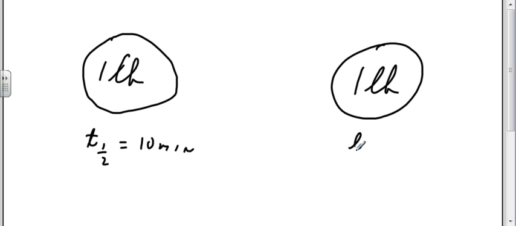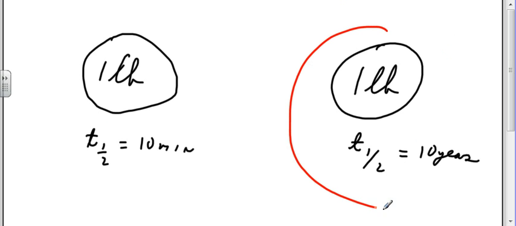And this guy has a half-life of 10 years. Which one do I want to hang out with? Well, neither of them, obviously, but that'd be one answer. Which one would I want to hang out with? Probably the 10-minute one.